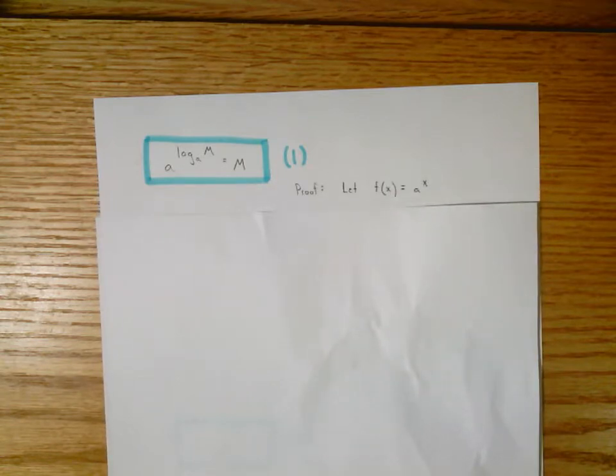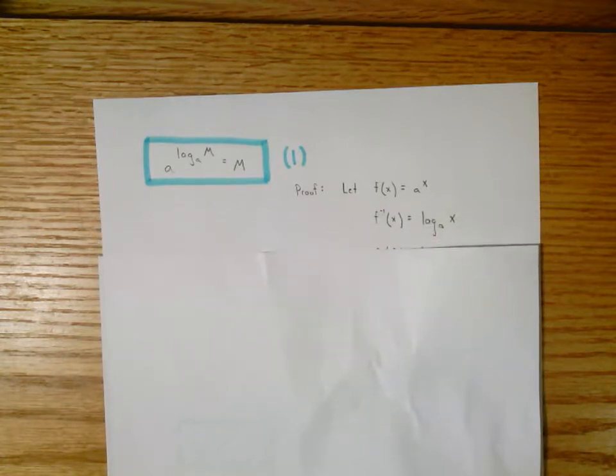As we prove it, I'm going to start by defining a function f of x equals a to the x. This is our most basic exponential function. If f of x equals a to the x, we've already learned that the inverse of a to the x is log base a of x. So now I have function f and I have its inverse.